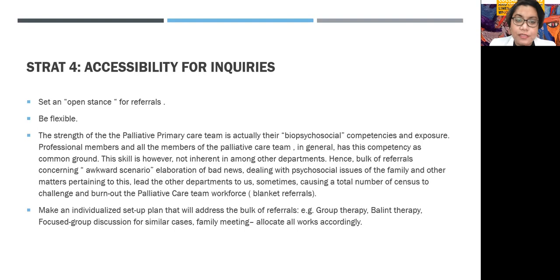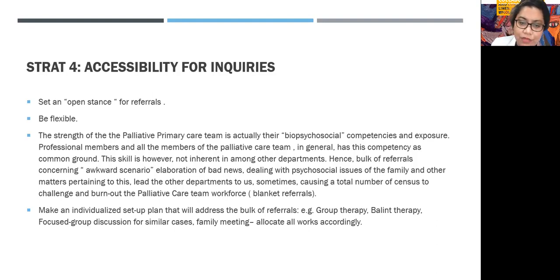So set an open stance for referrals and be flexible, since the strength of the palliative care team is actually their psychosocial competencies and exposure. Professional members and all the members of the palliative care team in general have this competency as common ground.